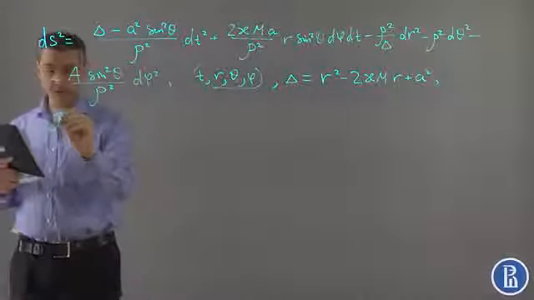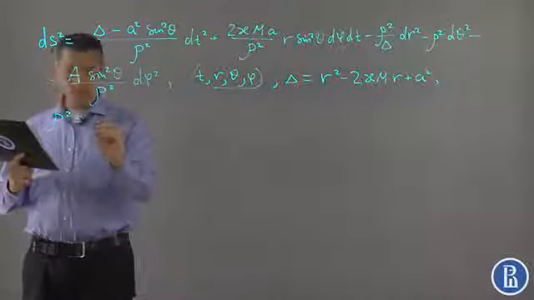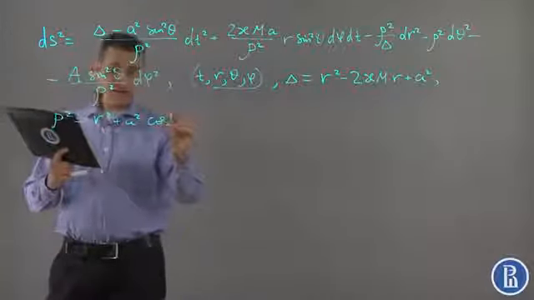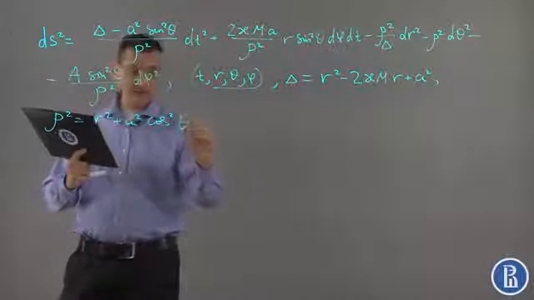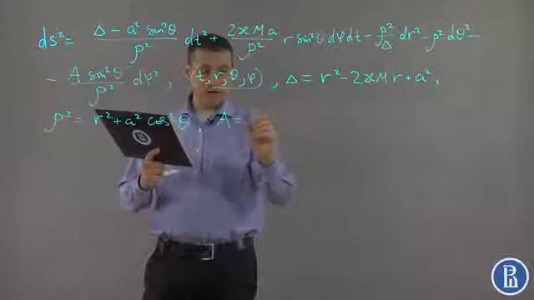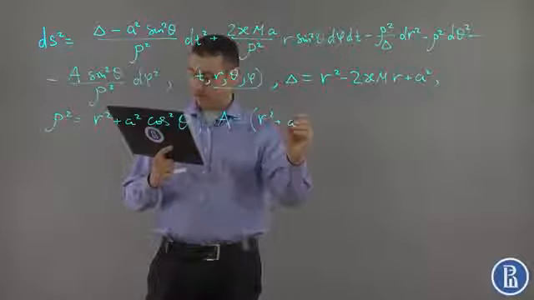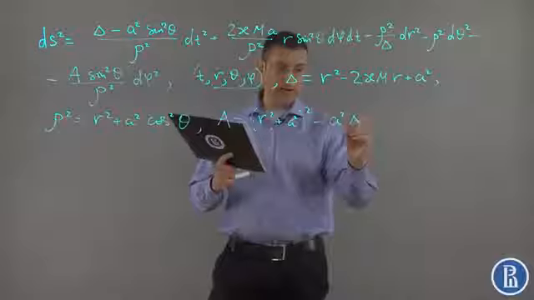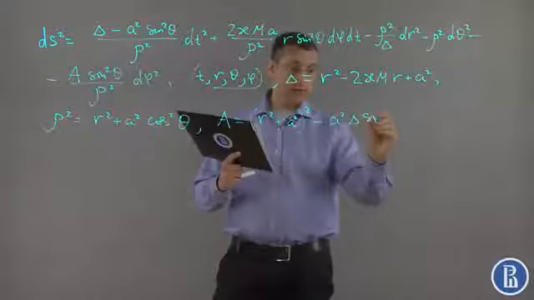Rho squared is equal to r squared plus a squared cosine squared of theta, and a is r squared plus a squared squared minus a squared delta sine squared theta.